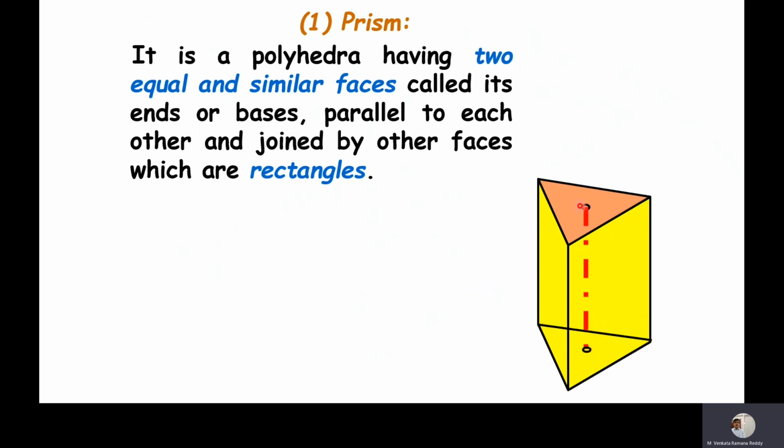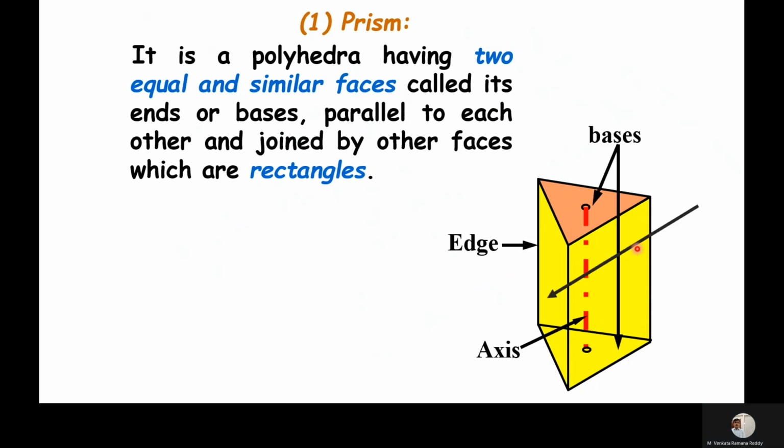So this is the bottom base and this one is the top base. These two bases are joined by faces. This face shape is rectangle. This is the edge of the face and this is the base and this is the axis.